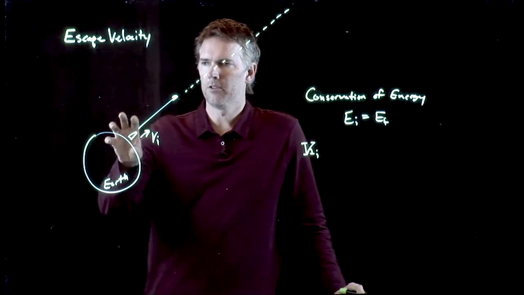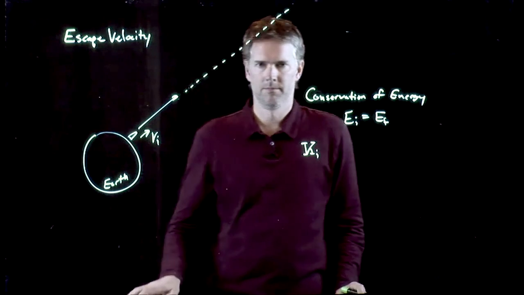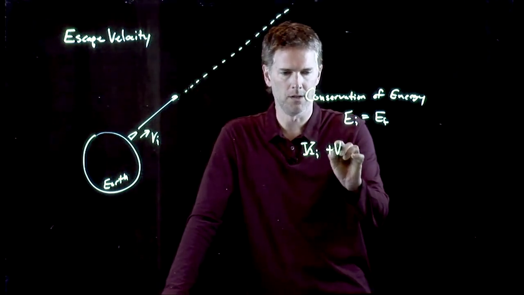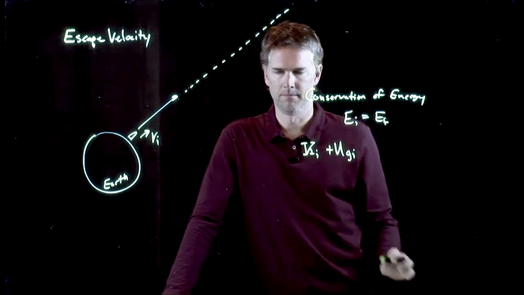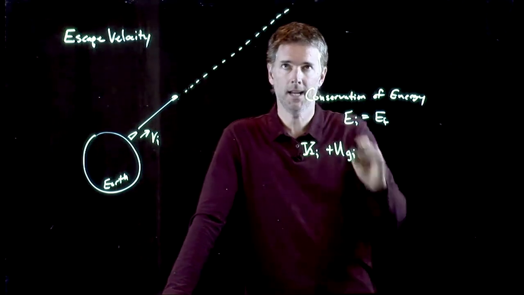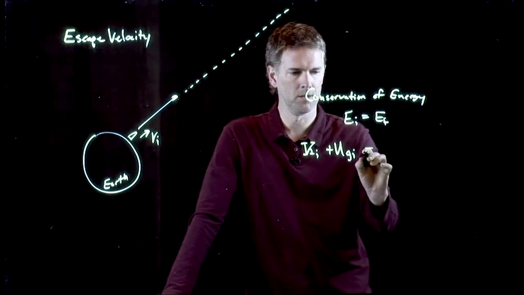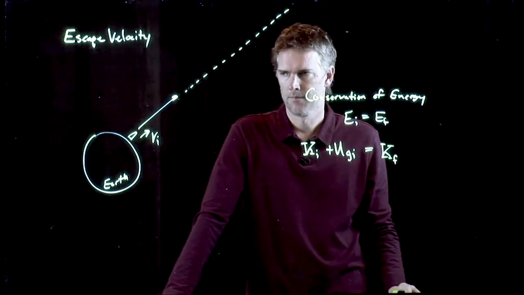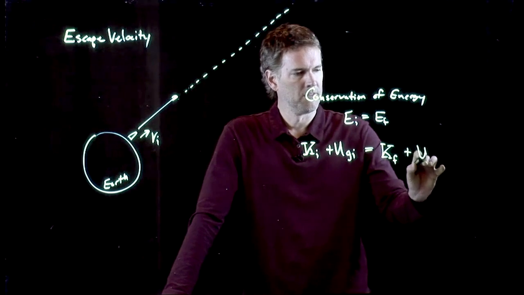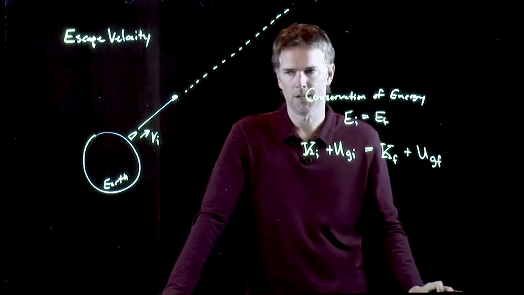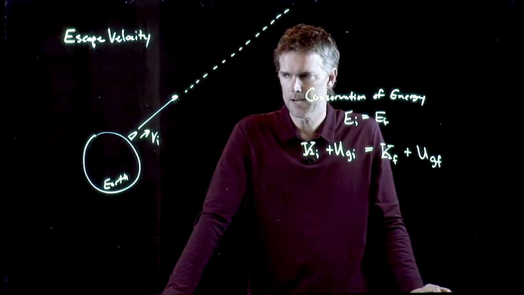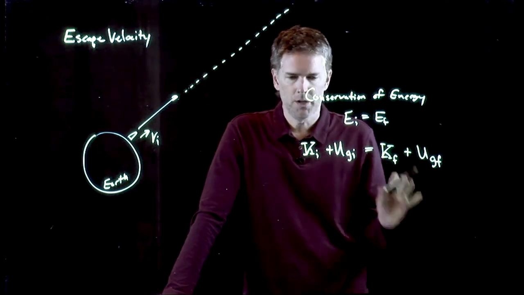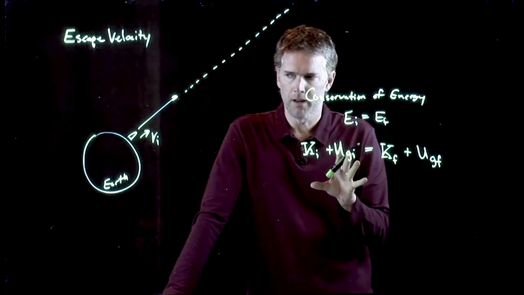But it's also in this gravitational field, and so there is potential energy. When it gets out to some distant location, it might still be moving. It might still have some gravitational potential energy. Let's put in these terms and then we'll see how we can simplify this.